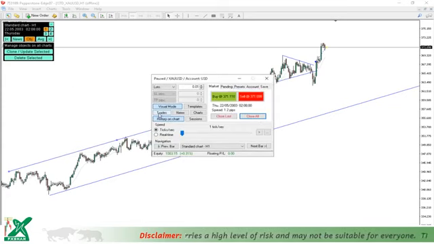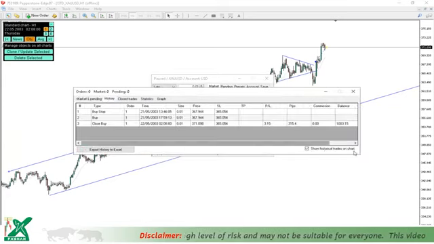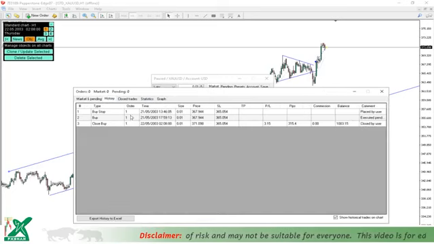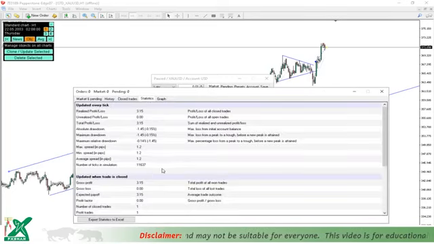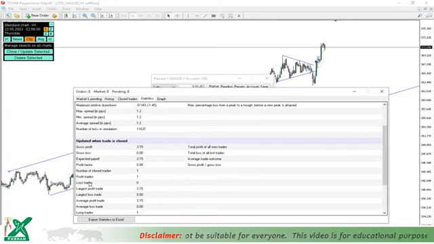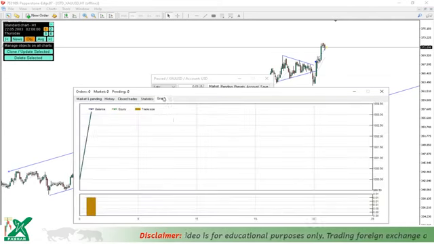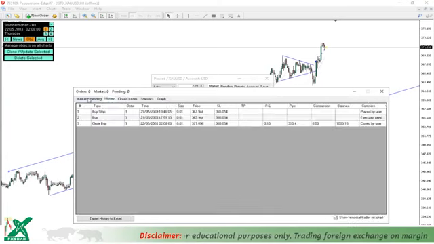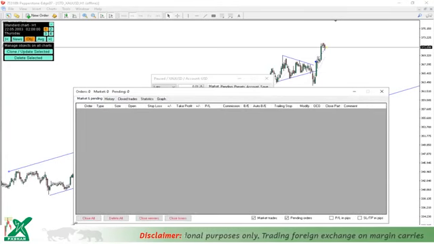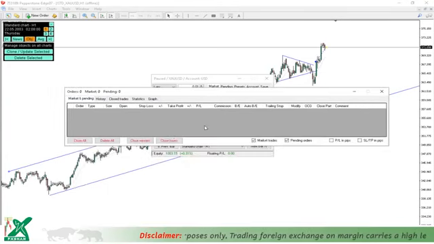Now if we go to the trades tab, in the trades tab we have our statistics tab. In the statistics tab we see profit trades, number of closed trades, gross profit, realized profit and loss, every statistic, graphs, closed trade history, market and pending orders history.